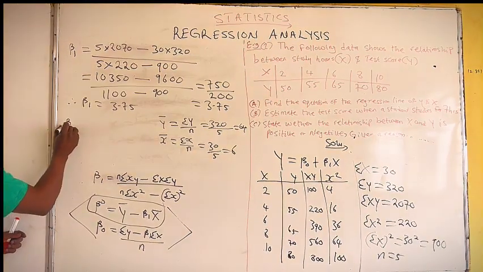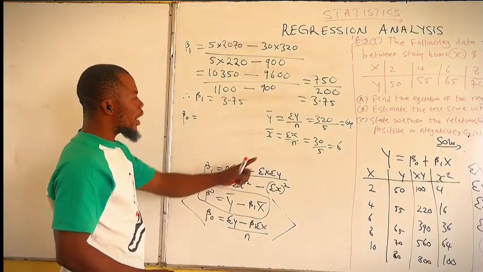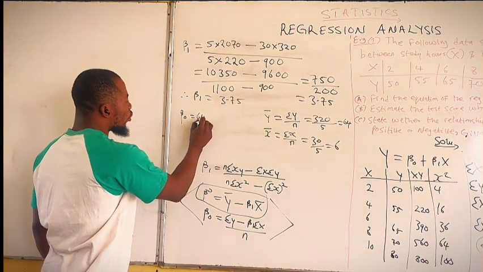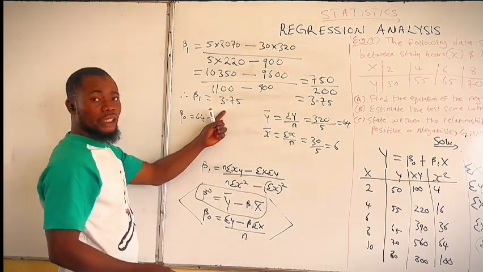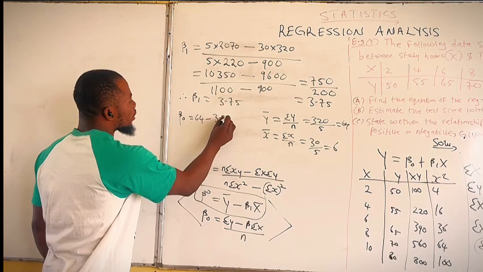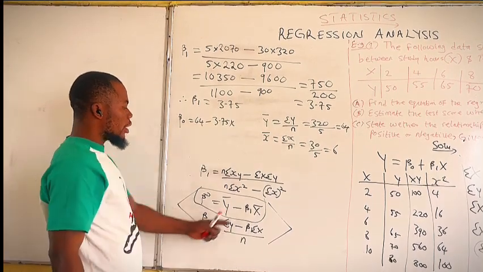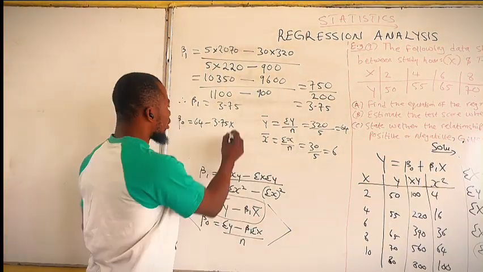Therefore, our beta naught is y bar, which is 64, minus beta 1, that is the value of the beta 1 we've already calculated, which is 3.75, multiplied by our x bar, which is 6.